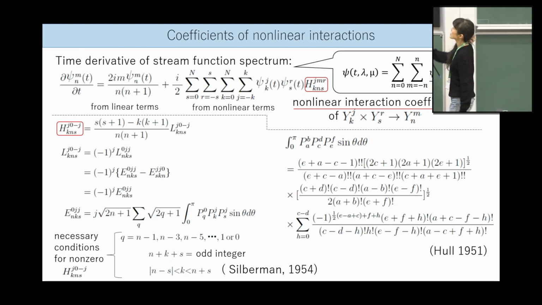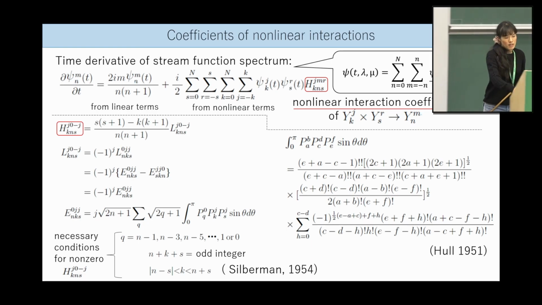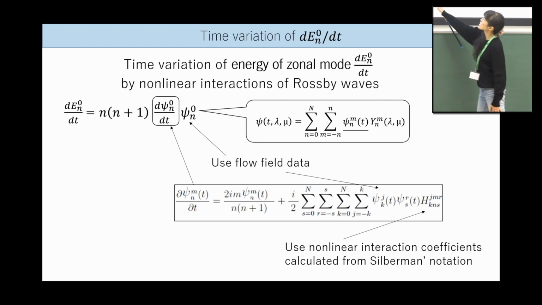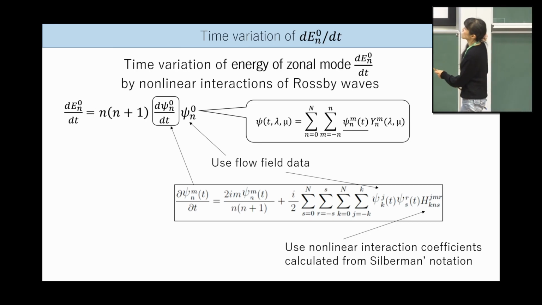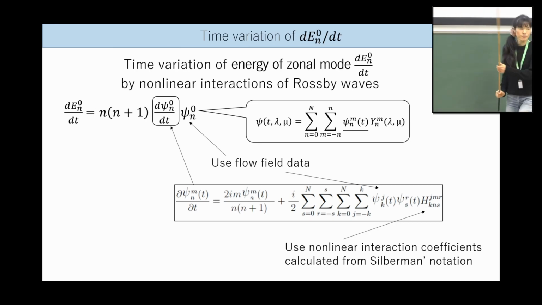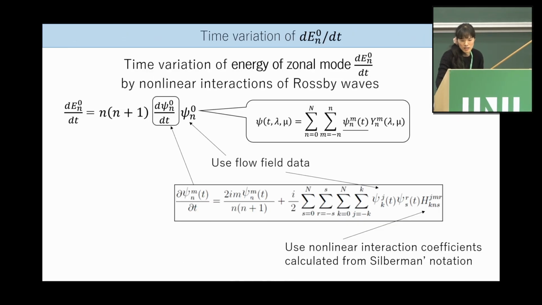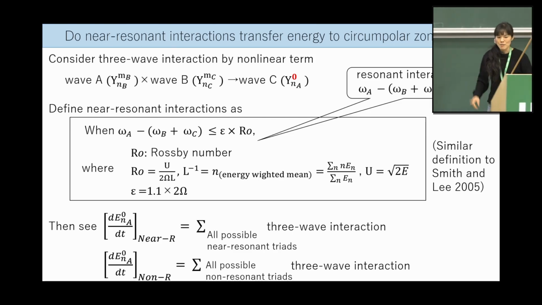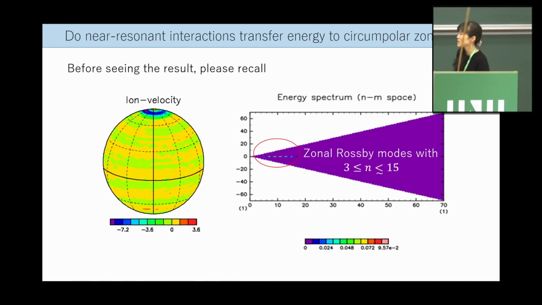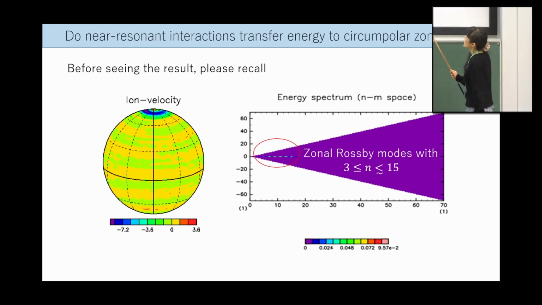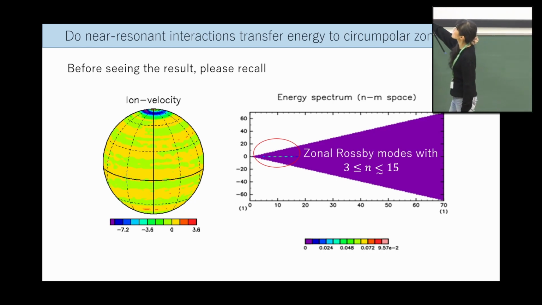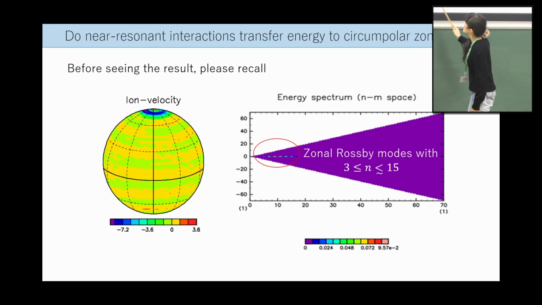So we calculate this H first, and we use flow field data for this spectral data of stream function here and here, and we get this and see these. Okay, and before seeing the result, please recall that the energy distribution corresponding to this flow field is something like this.